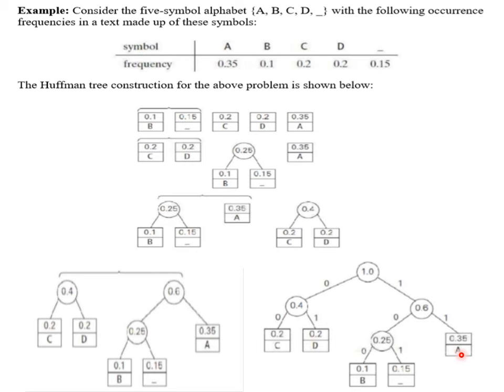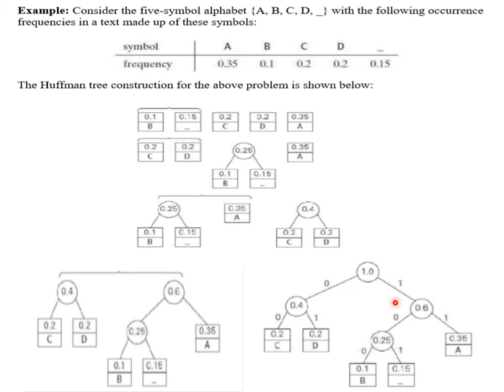Now in the beginning I told you what Huffman says: high frequency characters are assigned shorter bit strings, right? And the lower frequency characters are assigned longer bit strings or bit codes.